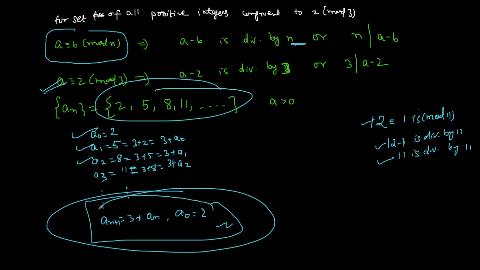Okay. a_n is what? 4n minus 2. So n starts from 1. So first you put n is equal to 1.